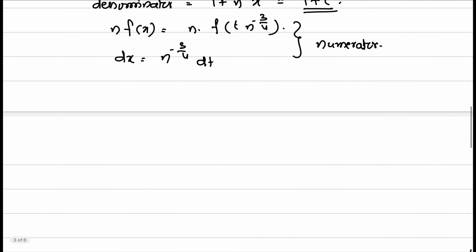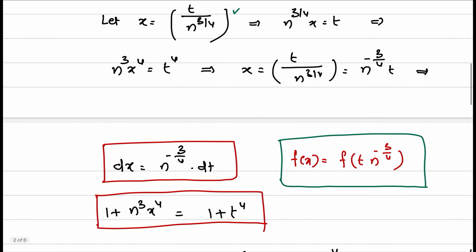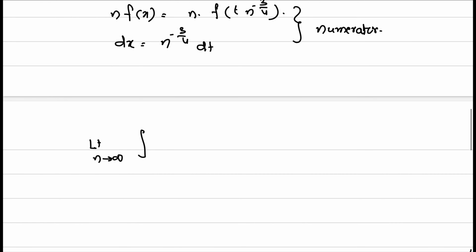Now, we will try to replace these values in the given equation. Limit n tends to infinity, integral. Let us try to find the limits first.